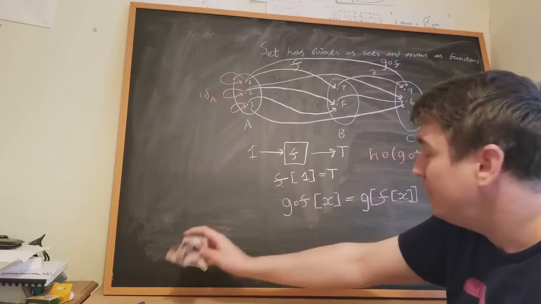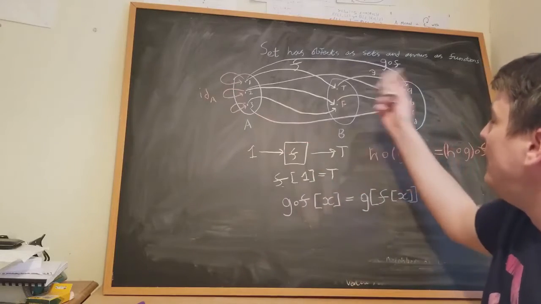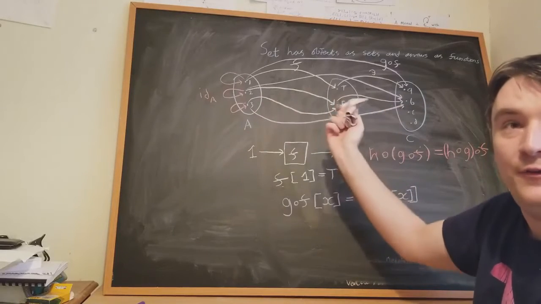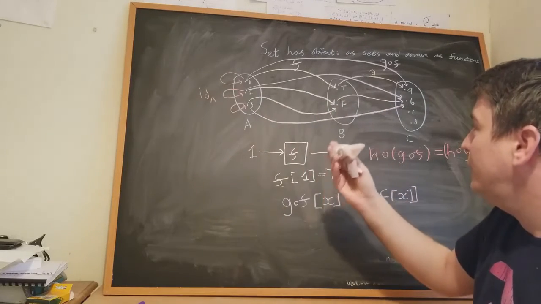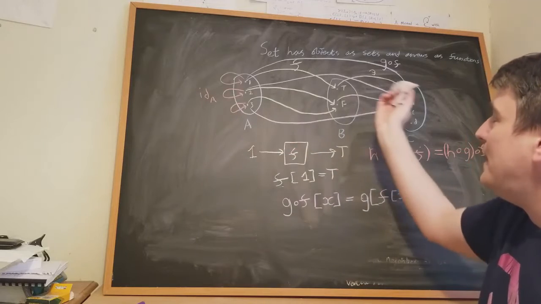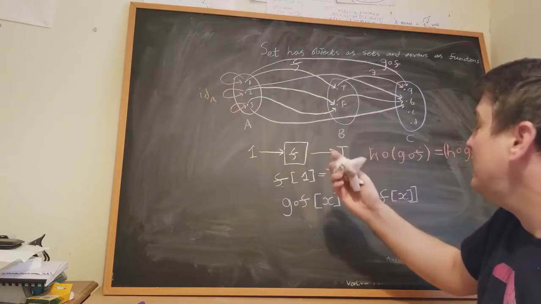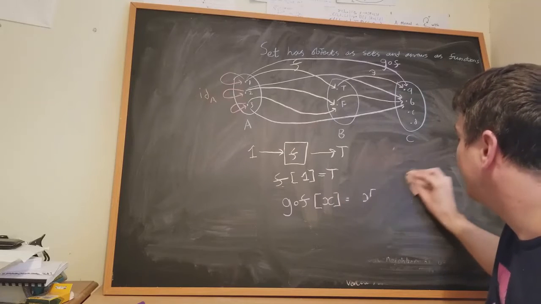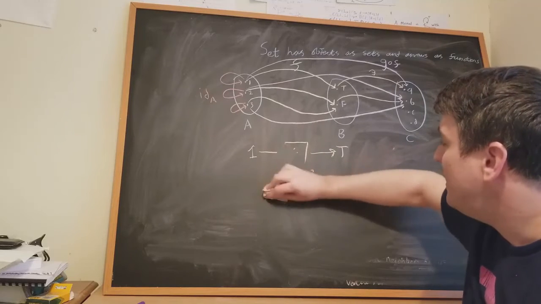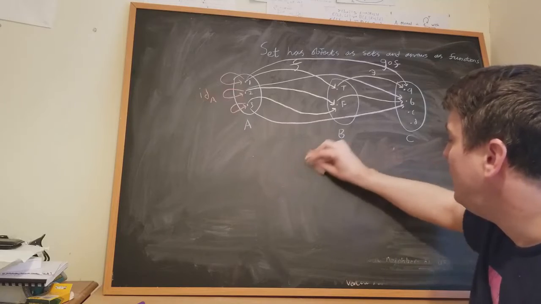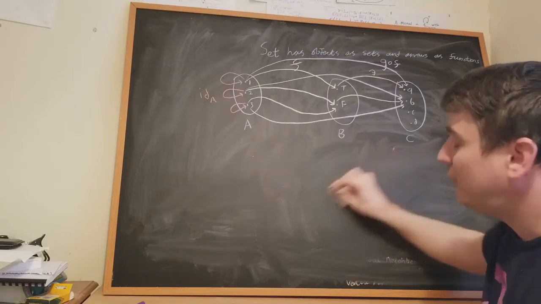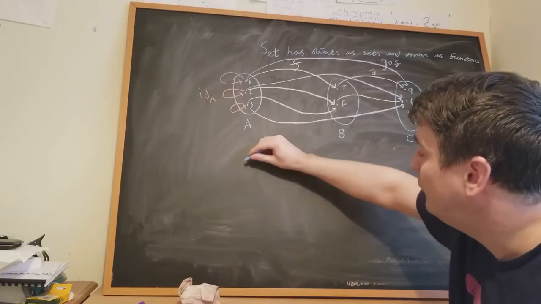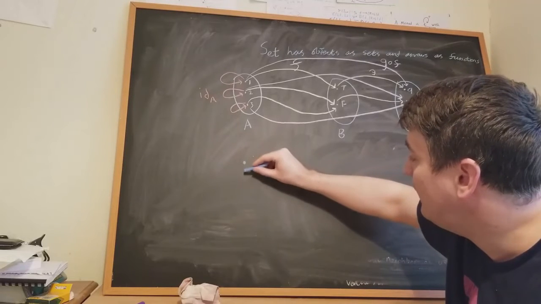Remember though, I've drawn some of the goings on in this category Set up here, but this isn't really how we'd represent it in category theory, because remember I told you that in category theory our objects, which in this case are representing sets, are just thought of as atomic things.